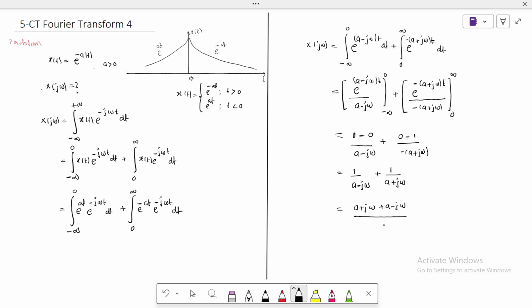The denominator is (a minus b)(a plus b) equals a square minus b square, and j square gives a minus sign, so it becomes a square plus omega square. In the final step, X of j omega equals 2a by a square plus omega square.